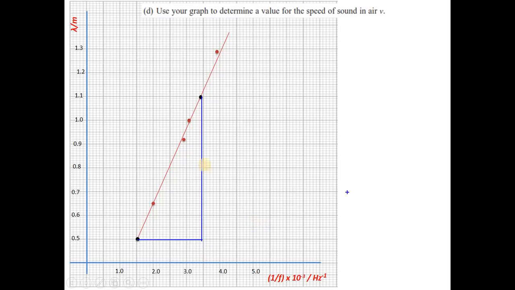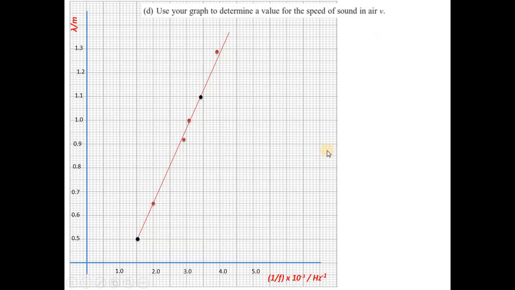This is your triangle, and you need to find the coordinates of these points, and you can use the formula gradient is equal to y2 minus y1 divided by x2 minus x1 to figure out the gradient.